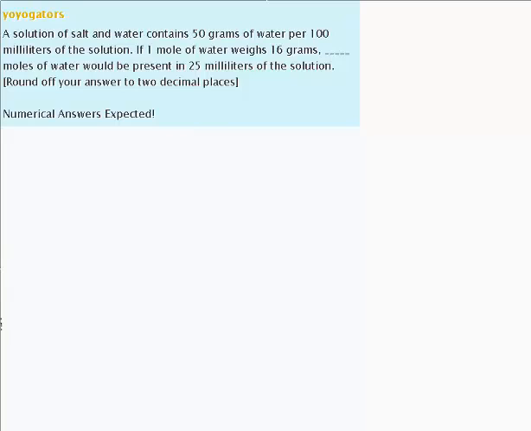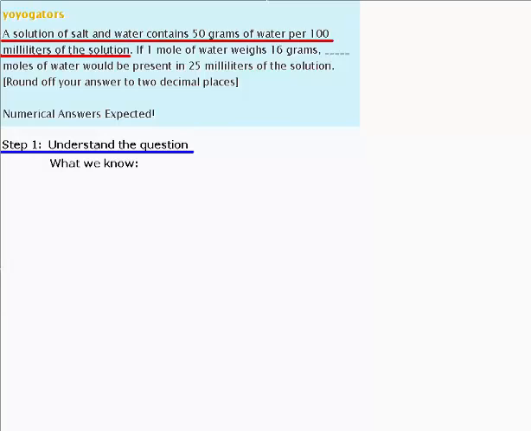As always, I'll be breaking down the questions into steps, and the first step is to understand the question. So let's take a look at what we already know. We know that a solution of salt and water contains 50 grams of water per 100 milliliters of the solution.